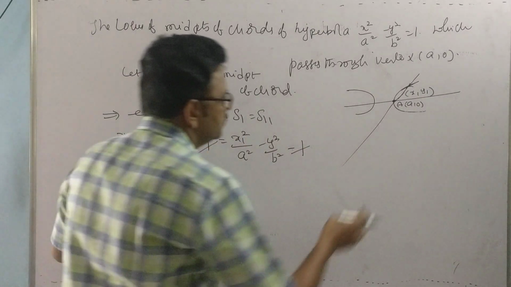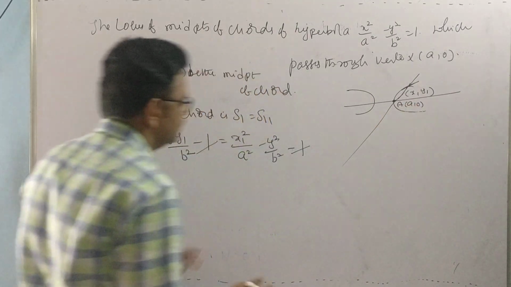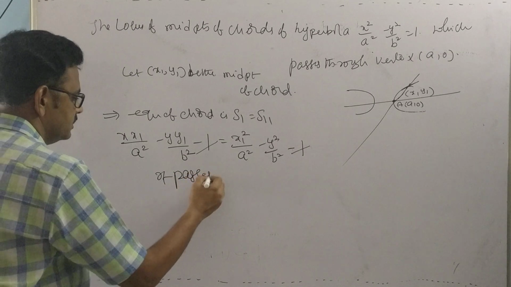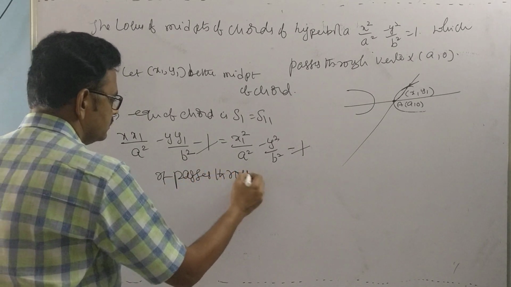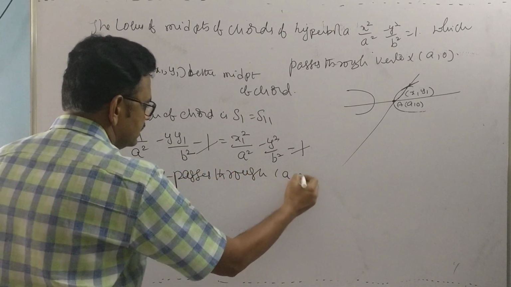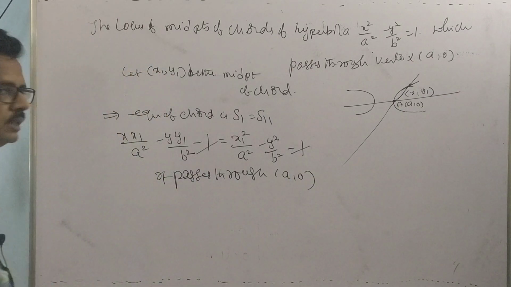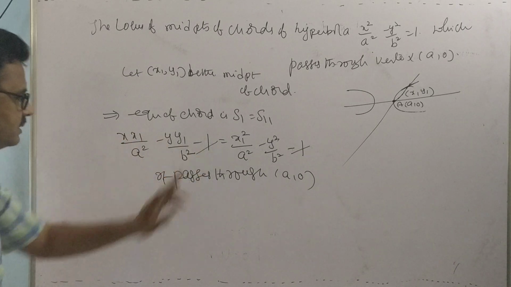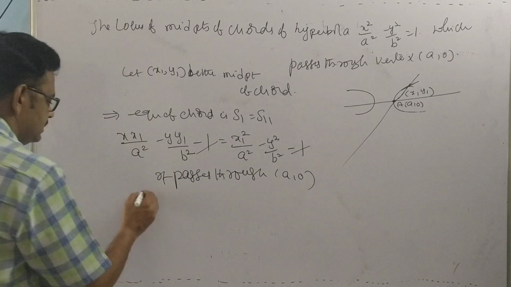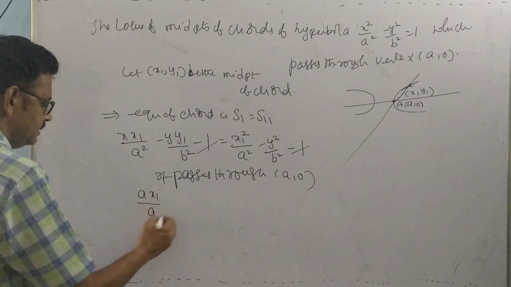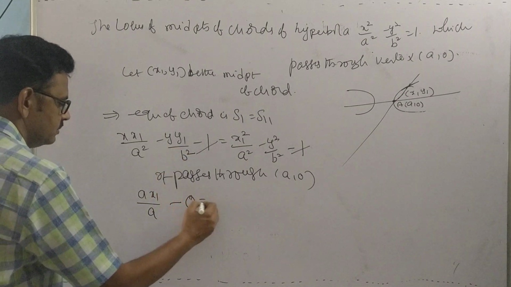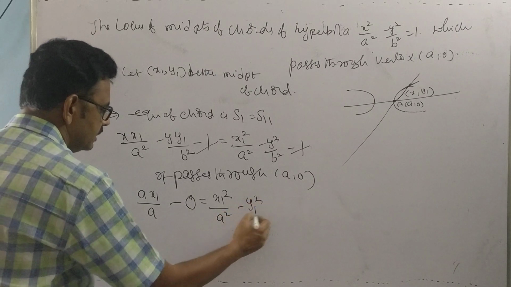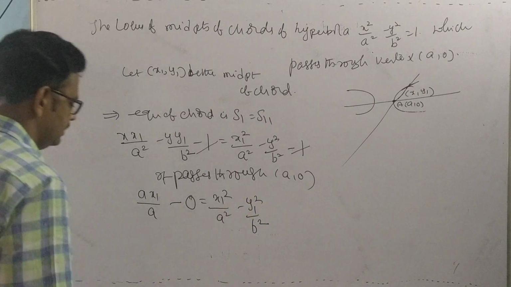It passes through the vertex (a, 0). So in place of x and y, write a, 0. So this is ax1/a - 0 = x1²/a² - y1²/b².